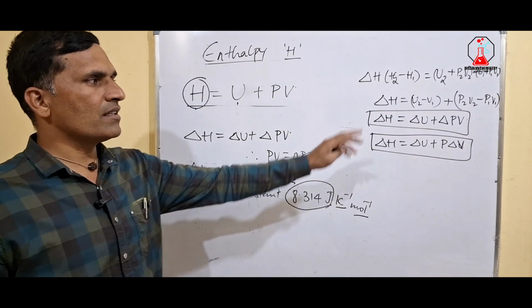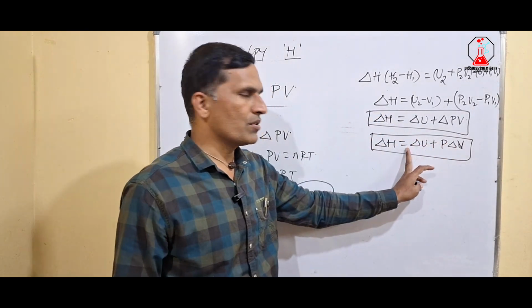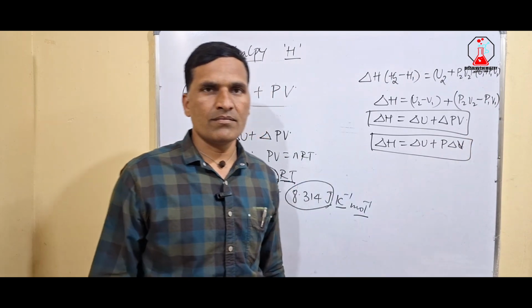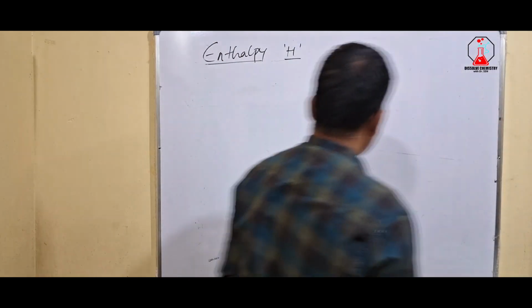Suppose it is given in terms of change in volume, then you have to use delta H is equal to delta U plus P delta V.